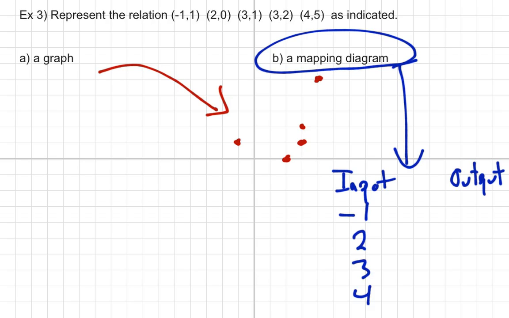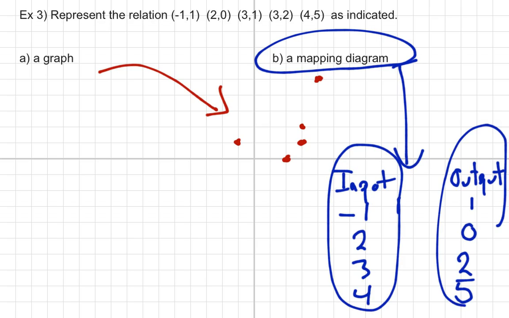Our output numbers are 1, 0, 2, and 5. And then if I have this set of numbers and this set of numbers, so I put groups around it, now it's kind of like just matching them up. The -1 goes with the 1, so I put a line across there. I have a 2 and a 0, so the line can go across there. We have a 3 that matches with a 1, so I put the line connecting those. A 3 and a 2, and then finally a 4 and a 5. So that's what we mean by saying our mapping diagram.